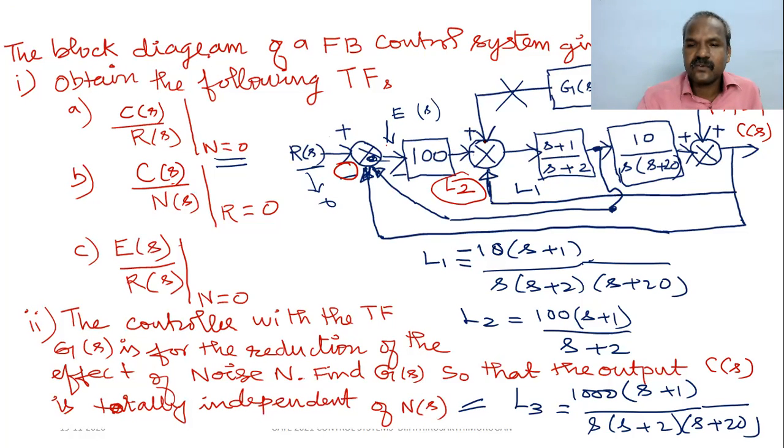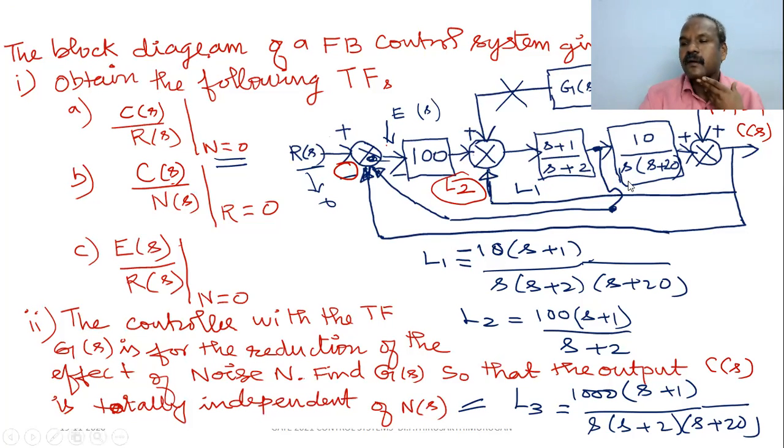Then the second forward path is from this to this. Which loop is not touching the second forward path? The second forward path is 10 into S plus 1, and this loop, right?